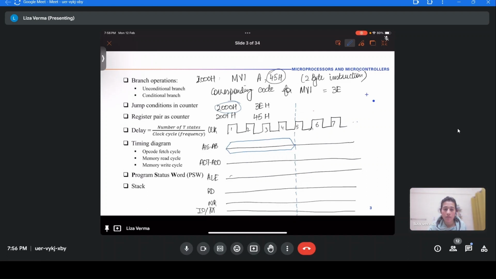This is the first machine cycle of that instruction cycle. Yes, for the entire fetch cycle. So what will be the higher order address here? 20. Right, so A15 to A8 will contain 20 here.